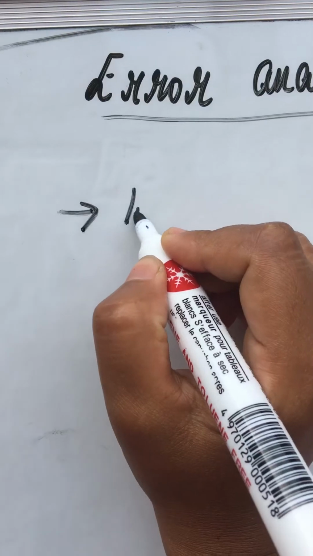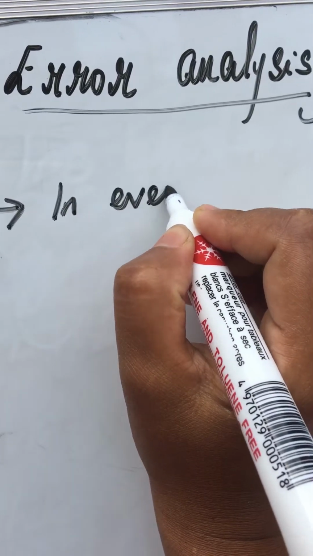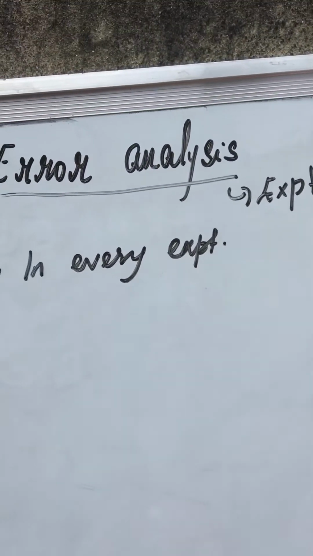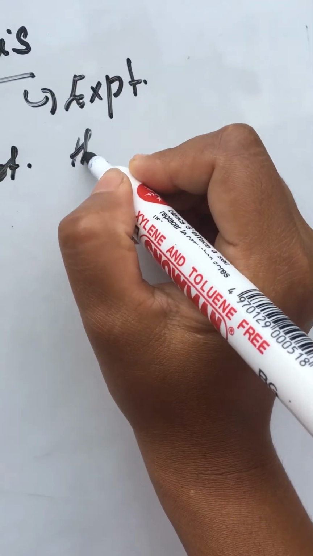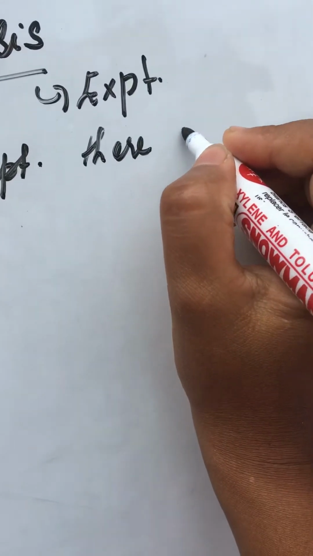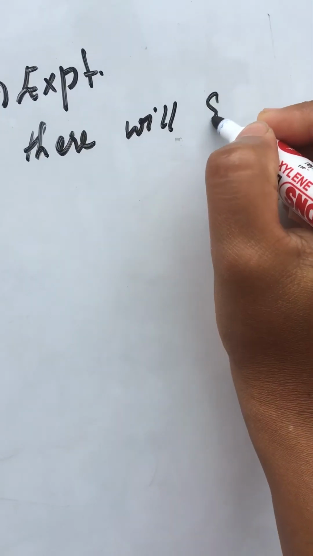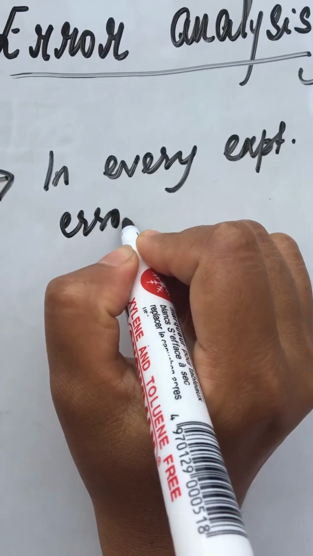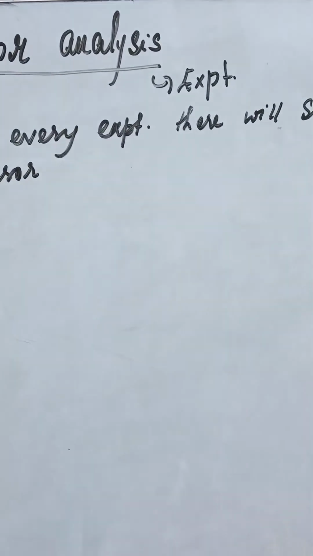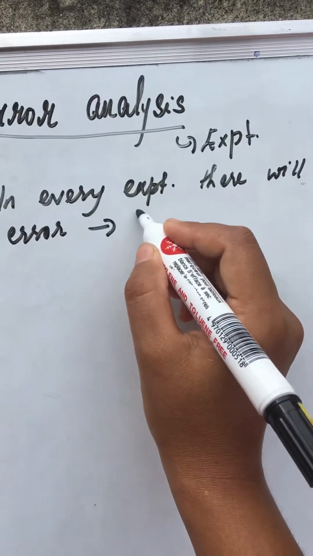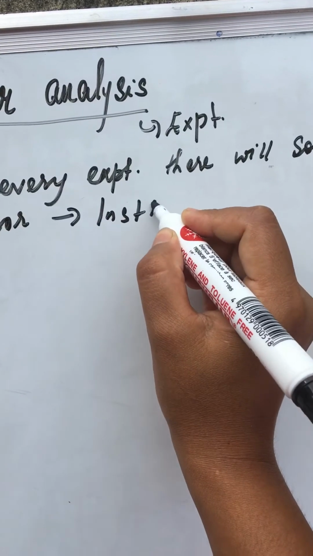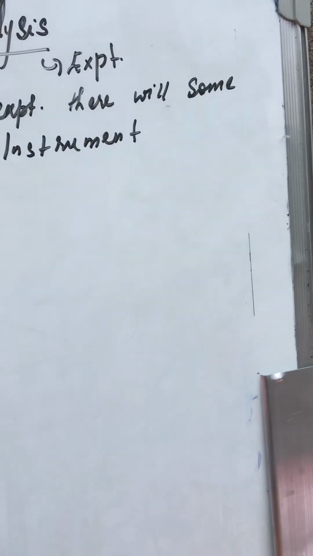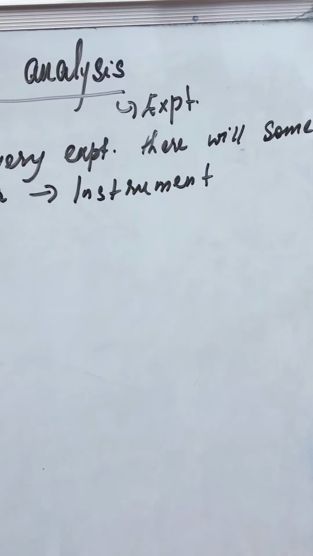Our basic idea is that in every experiment, whatever the experiment may be, there will be some error. That error can be due to the instrument, because some instruments are precise and some are not that precise.